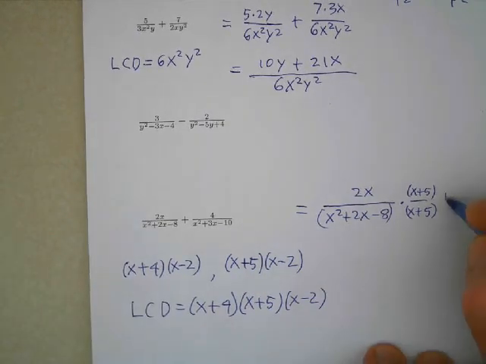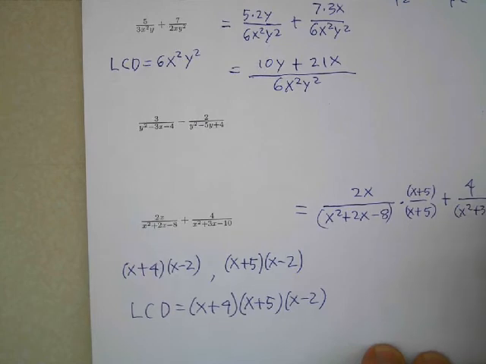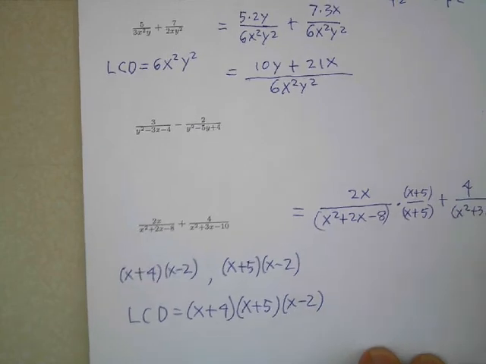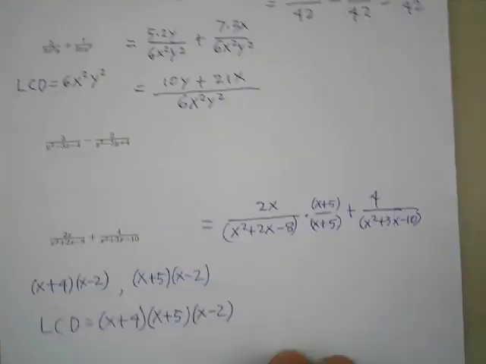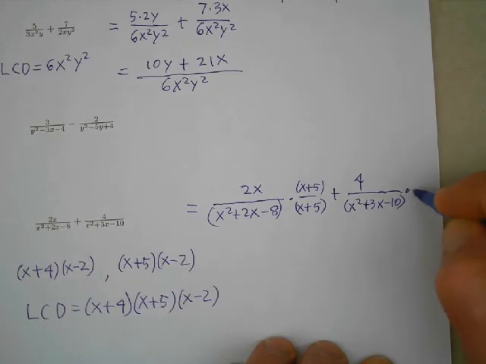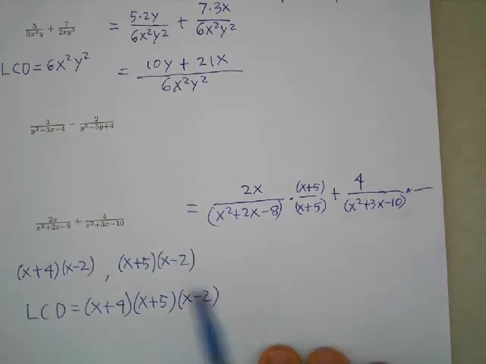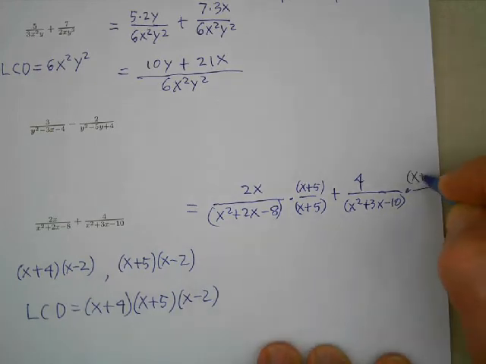And then we're going to add that to the other rational expression, 14 over x squared plus 3x minus 10. For this one, we have to multiply by 1 in the form x plus 4 over x plus 4.